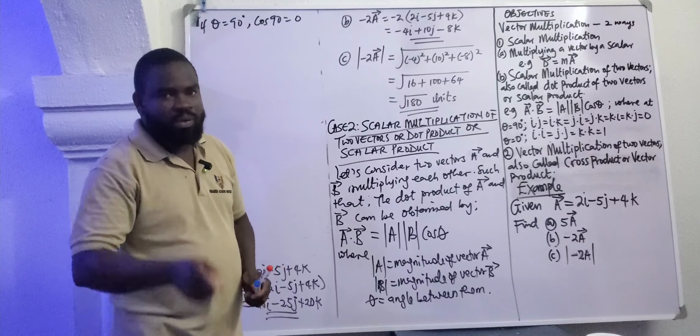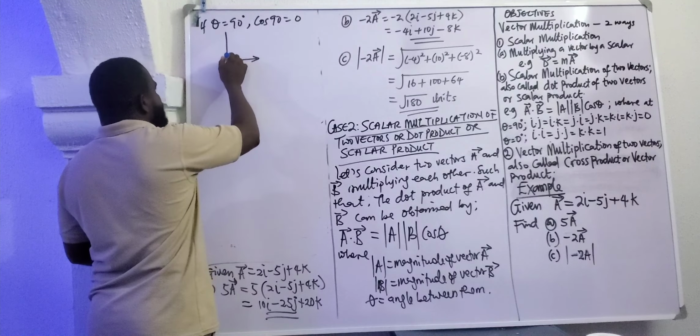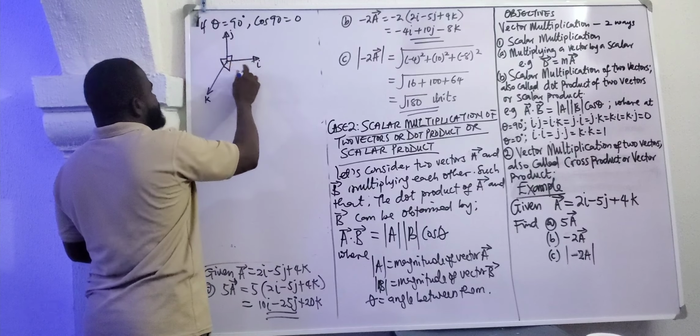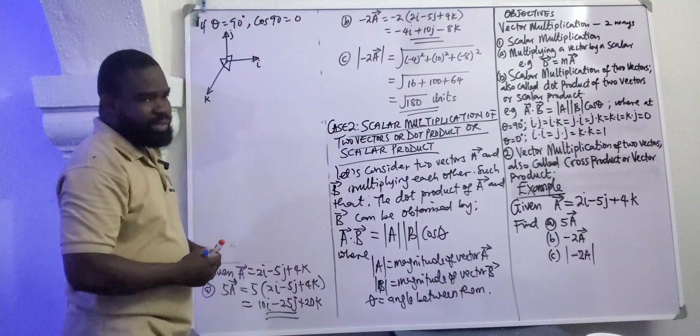Then another implication of these two vectors being mutually perpendicular is how it affects the unit vectors, which I want you to take note of, because we will use it much later in our scalar product or dot products. If this is J, this is I, and this is K, the angle between I and J is 90. The angle between J and K is 90. The angle between K and I is 90. So they are all mutually perpendicular to each other.